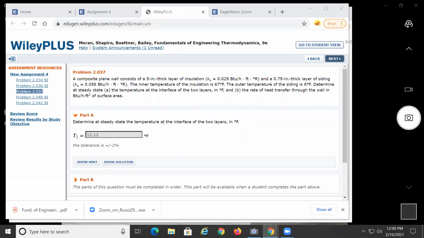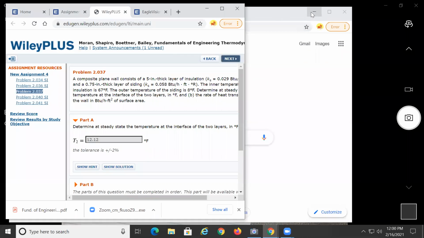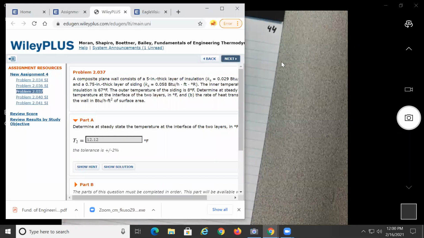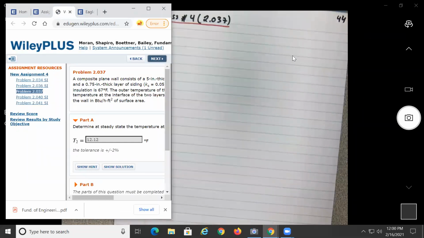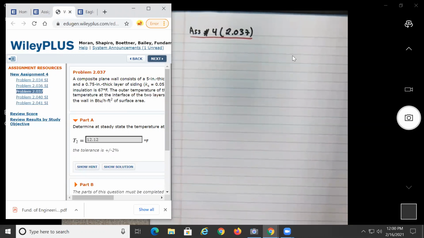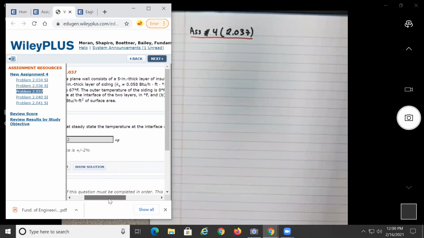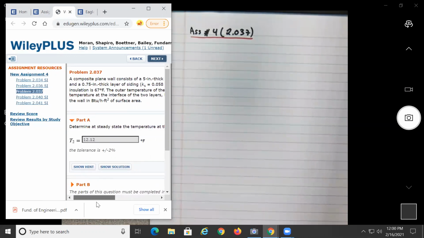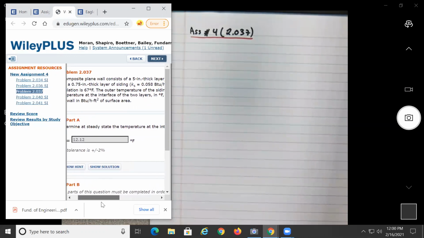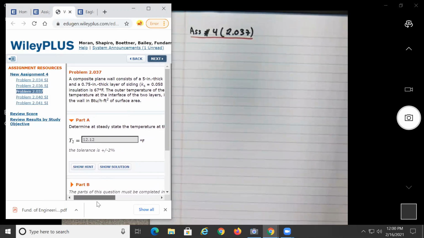So let's see if I can minimize this stuff here. All right, let me do the figure and then I think I can delete. A composite plane wall consists of a 5-inch thick layer of insulation and a 0.75 layer of siding.